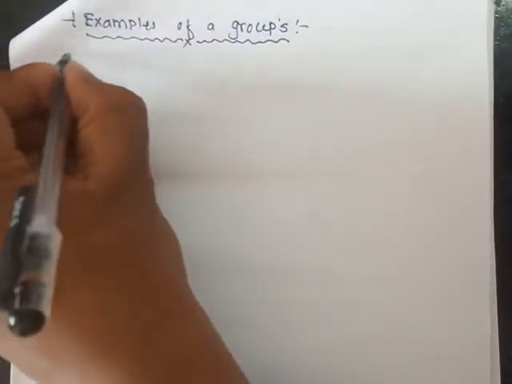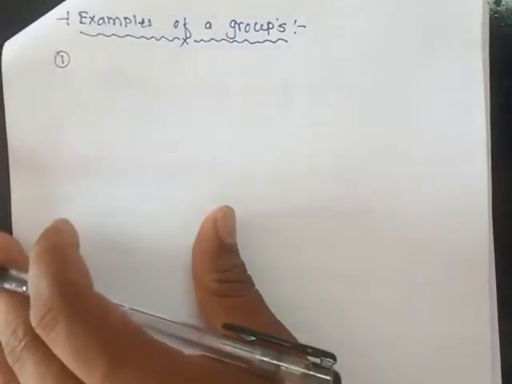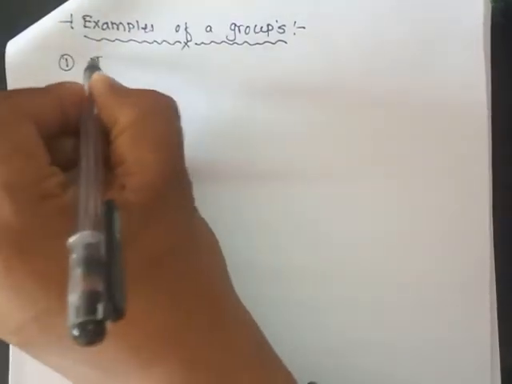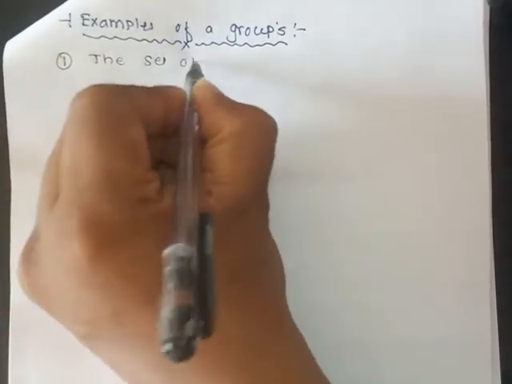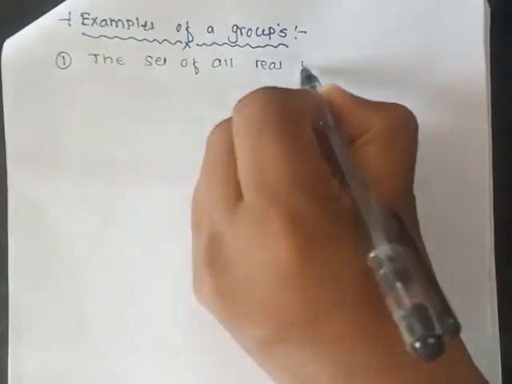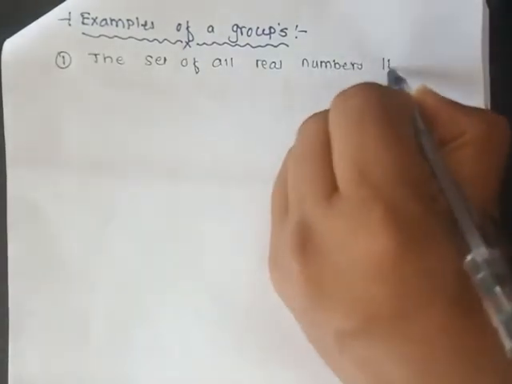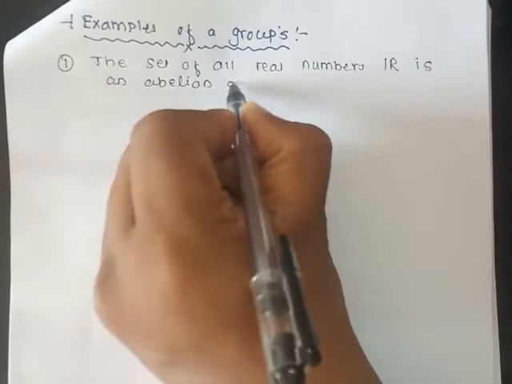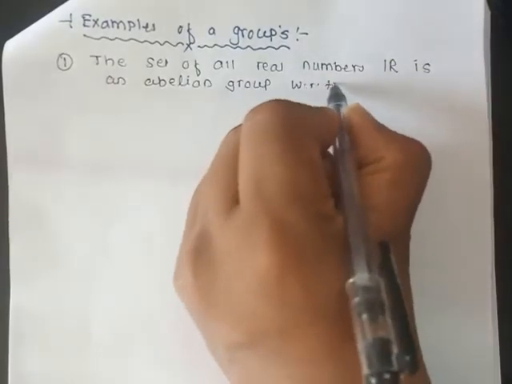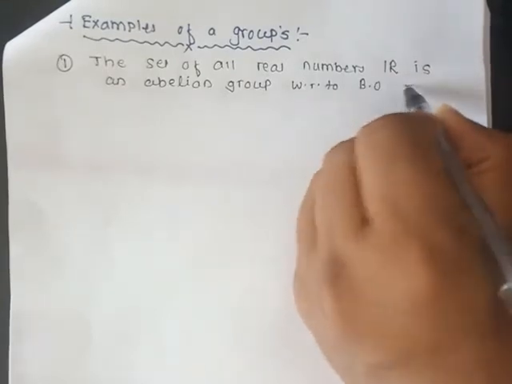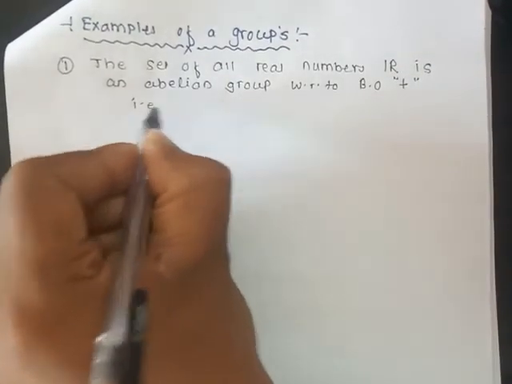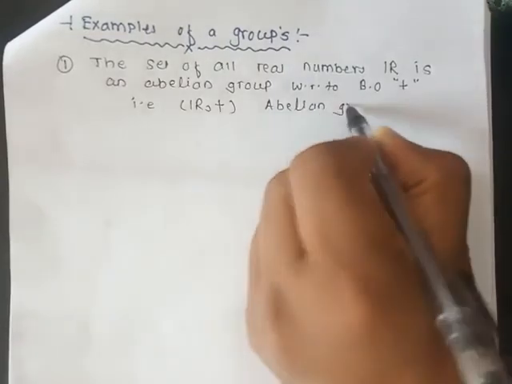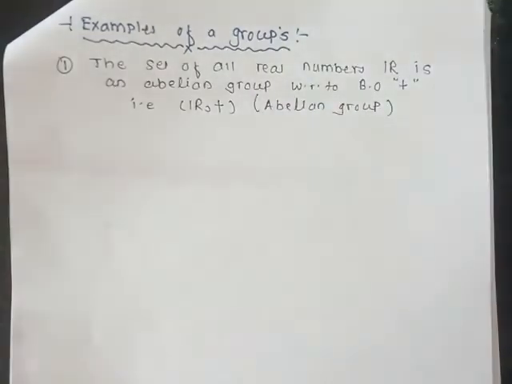So first example, the set of all real numbers R is an abelian group with respect to the binary operation plus, addition. That is, R plus is an abelian group.